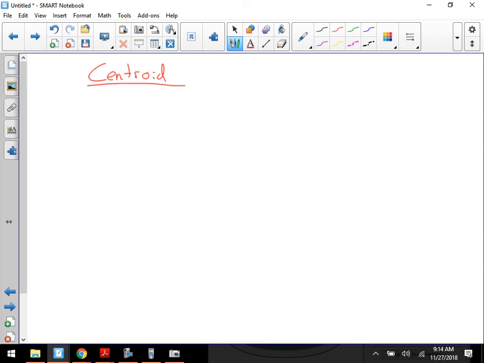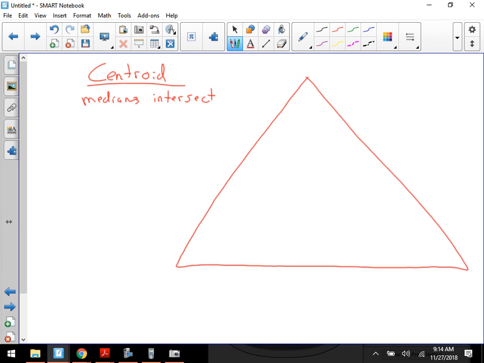Now, the centroid is where the medians intersect. The median is the segment that connects midpoints from the vertex.